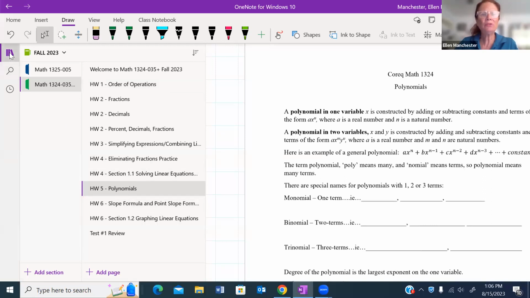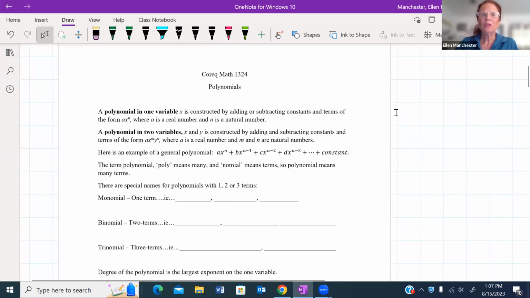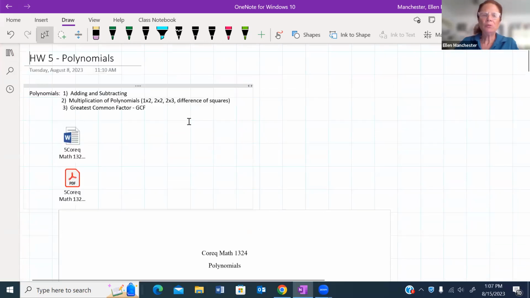Okay, so today we're going to cover polynomials. You've seen polynomials already in homework 3 when you were combining like terms. That's part of the basic operations of polynomials, being able to add like terms, so you already know what to do with those.